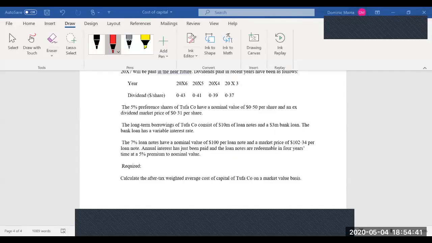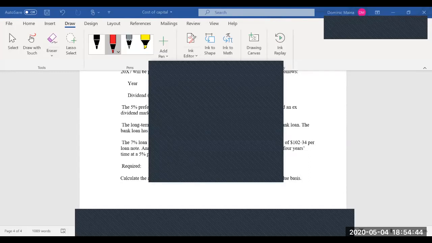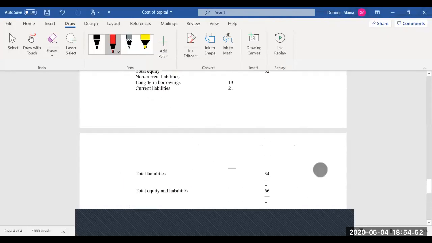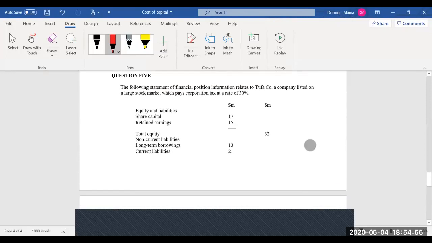Asma, what did your group discuss? I went through the steps. First, you identified the costs of finance that are in this question, and then we found 4 of them.